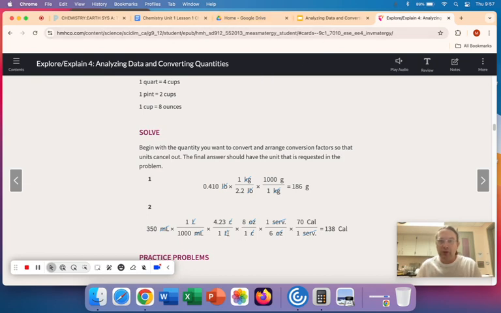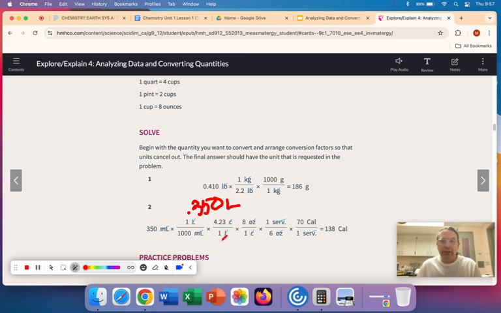So we have to first divide 350 by 1,000. I would move that decimal point 3 spots to the left, right? So I have 0.350 liters.